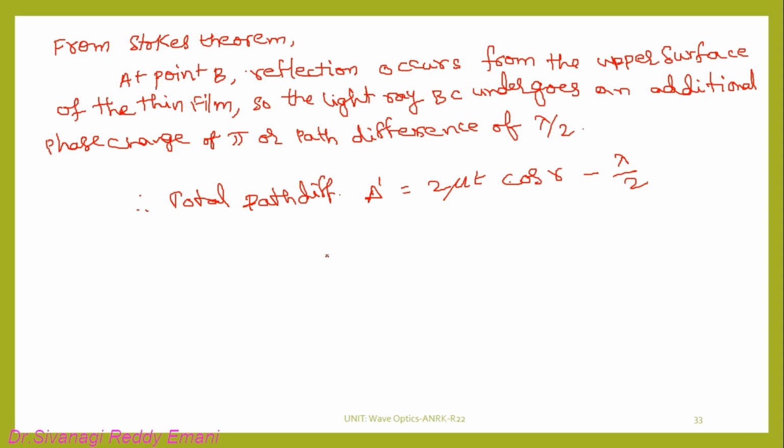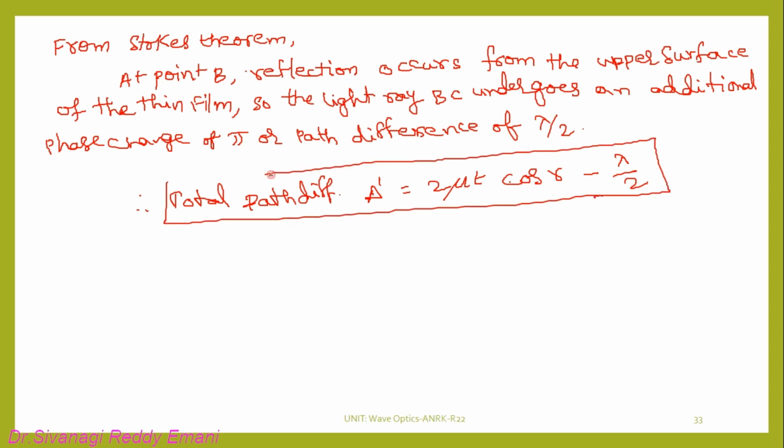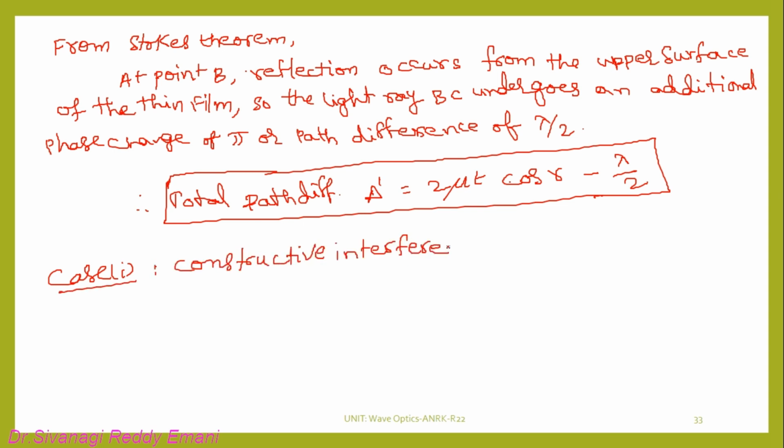Then we have two cases. Based on this path difference, we have two cases, for constructive interference and destructive interference. We will see case 1, where we get the maximum intensity. Whenever constructive interference takes place, a bright fringe will form, and whenever destructive interference takes place, a dark fringe will form.